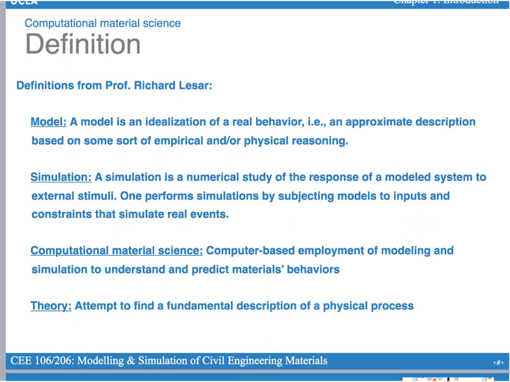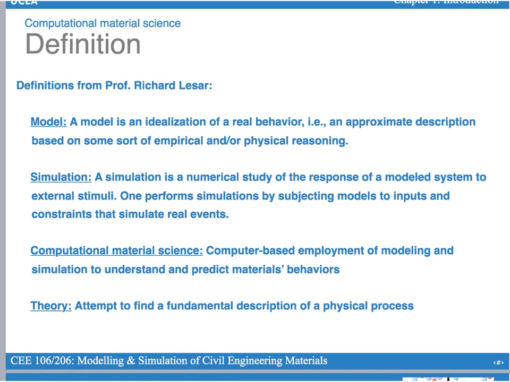Once you have the model, you use it to assess the outcome for certain types of stimulus. For certain input parameters, you will simulate what your model predicts the output to be. So you can perform simulation by subjecting the model to different types of inputs and different types of constraints that simulate real events.